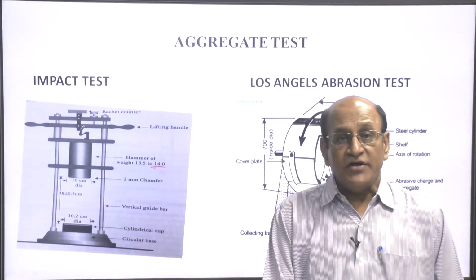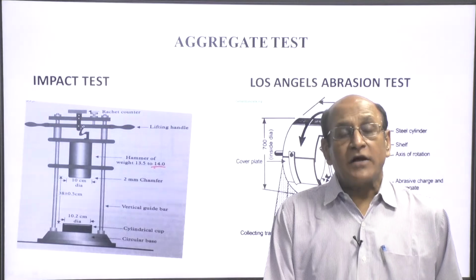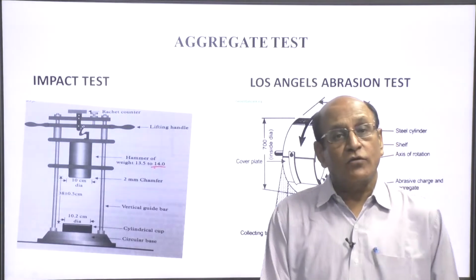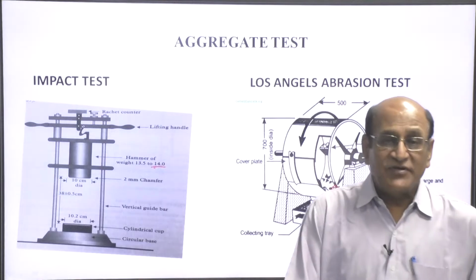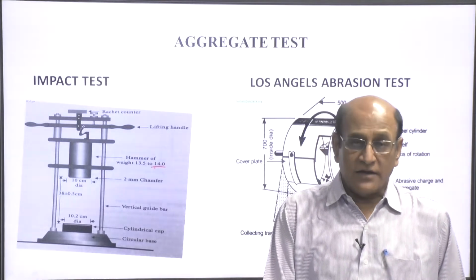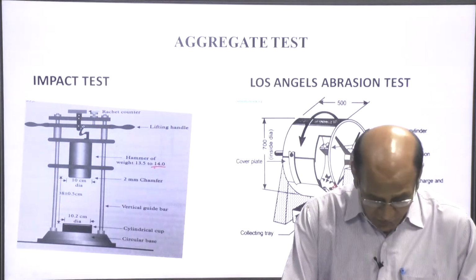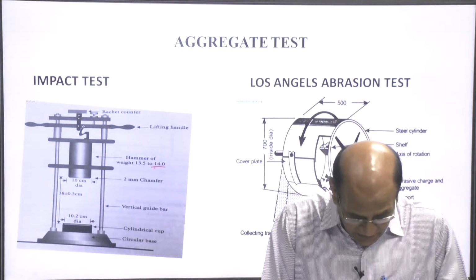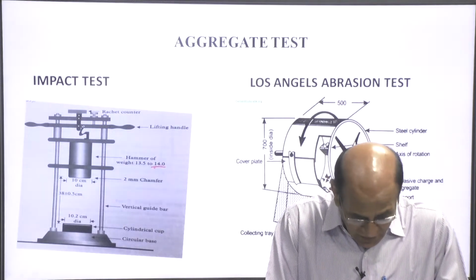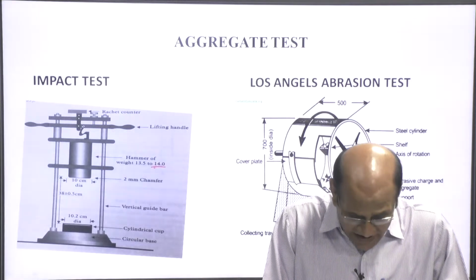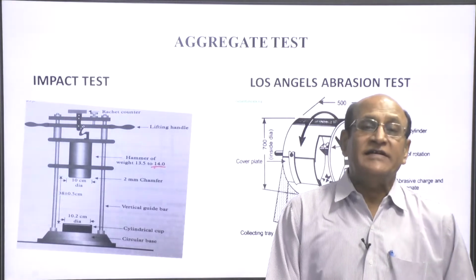The abrasion value is the weight of abraded sample passing through the 1.7 mm sieve divided by the total sample multiplied by 100. That will give the Los Angeles abrasion value, and for base course that should not exceed 50%, and for high quality work that should not exceed 30%.